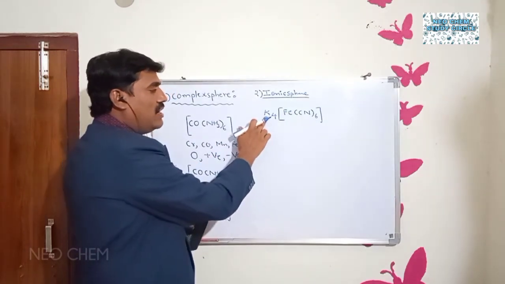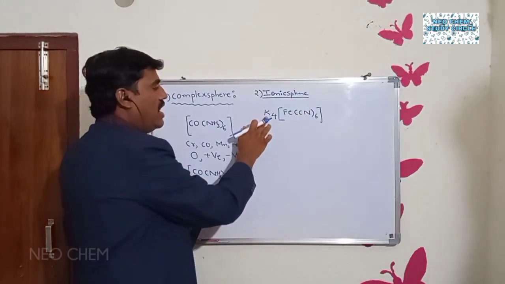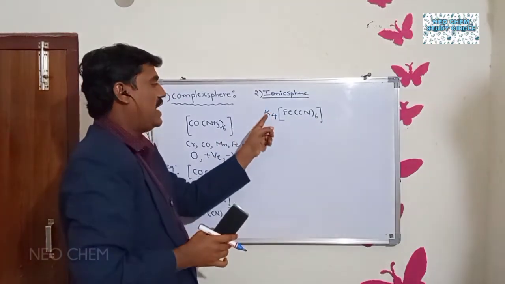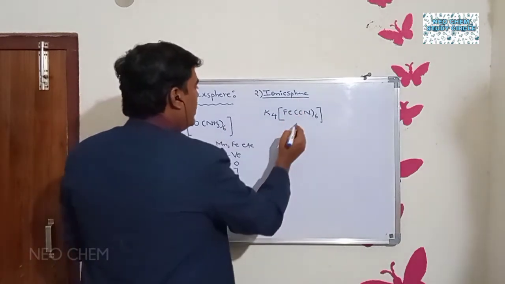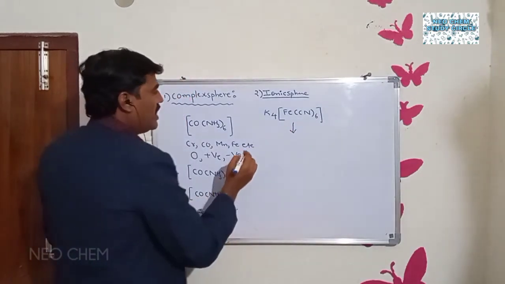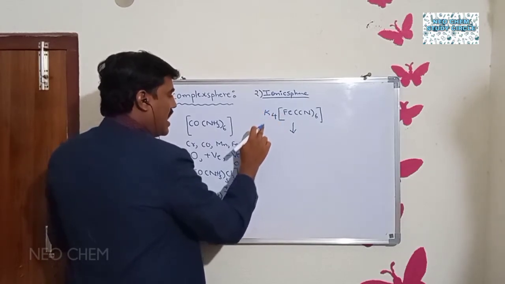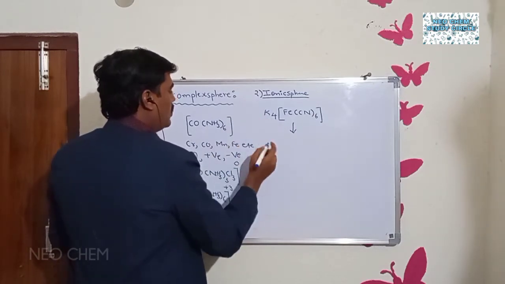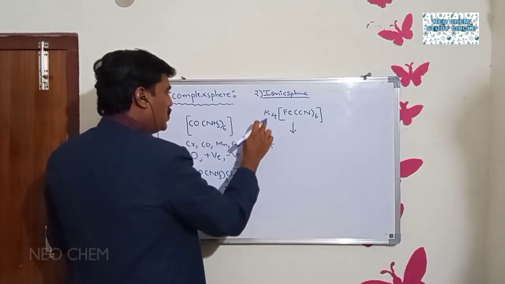So here the ionic sphere acts as the cation and the complex sphere acts as the anion. If we ionize the complex compound, first of all we should write the base of the cation as the coefficient to the cation. So the base of the cation is what? 4.